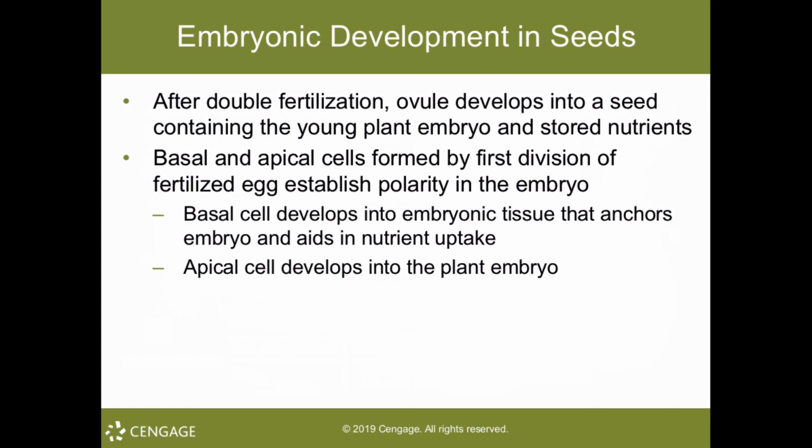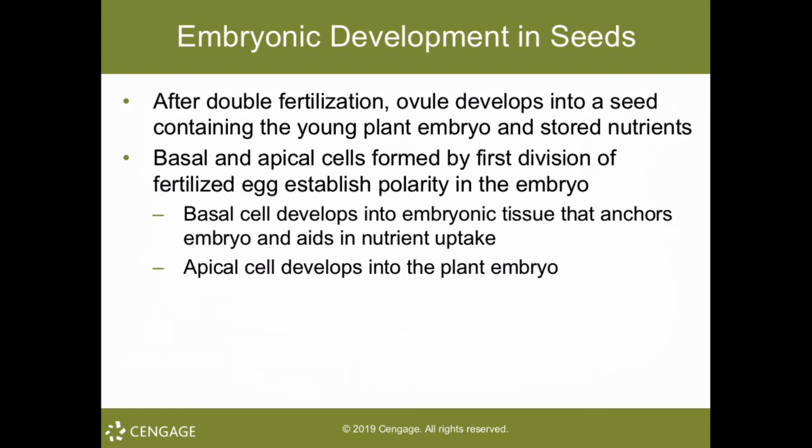The large basal cell located toward the outside of the ovule typically develops into the suspensor, that embryonic tissue that anchors the developing embryo and aids in nutrient uptake from the endosperm. The apical cell, which is toward the inside of the ovule, develops into the plant embryo.